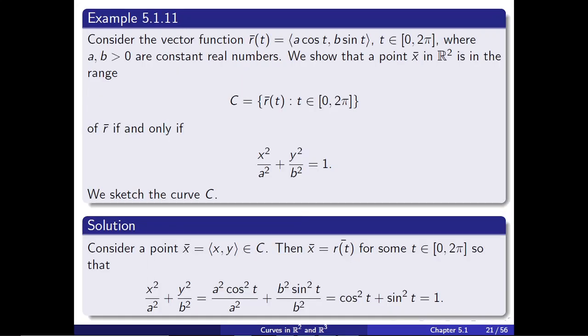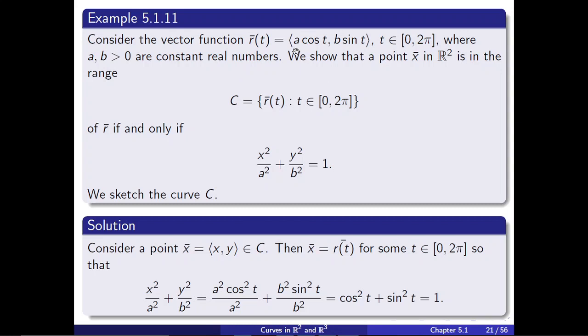Let's look at another, different type of object, and we find this one in example 5.1.1. So consider the function r of t equal to (a cos t, b sine t), where t is from 0 to 2 pi, and where a and b are constant real numbers.